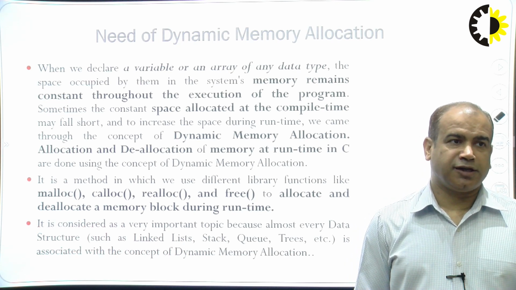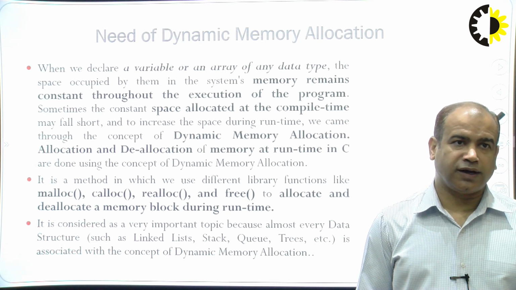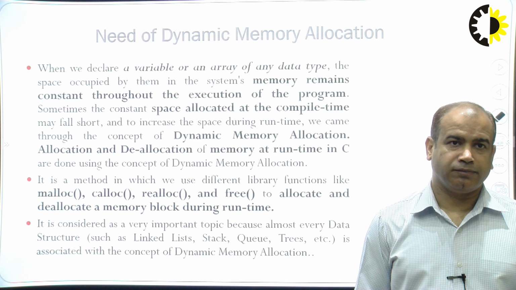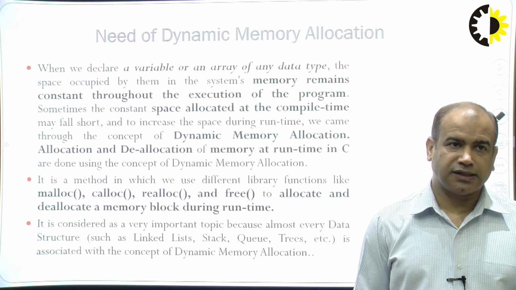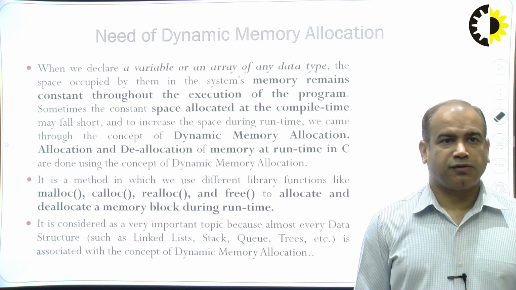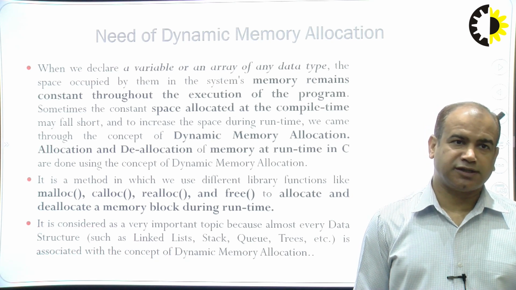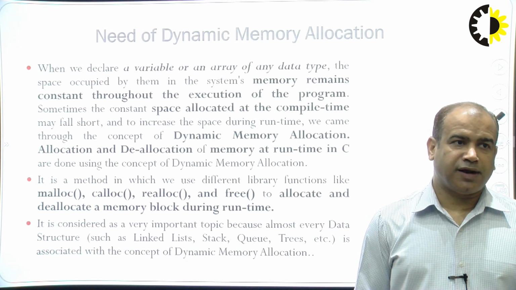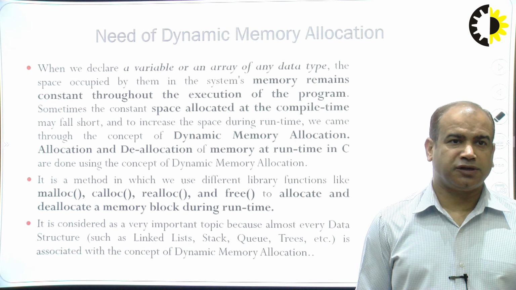When we declare a variable or an array of any data type, the space occupied by them in the system memory remains constant throughout the execution of the program. Sometimes the constant space allocated at compile time may fall short, and we need to increase the space during runtime.